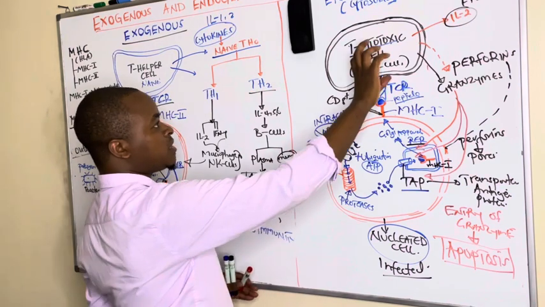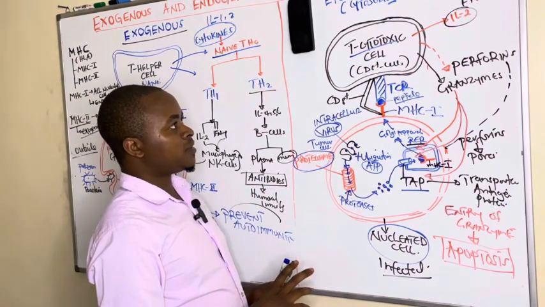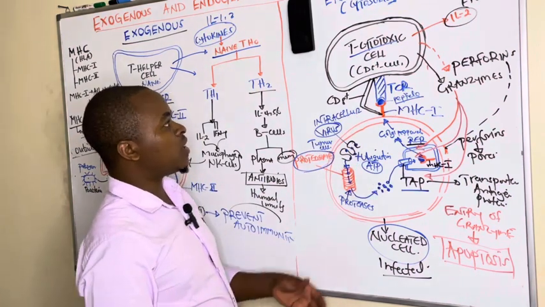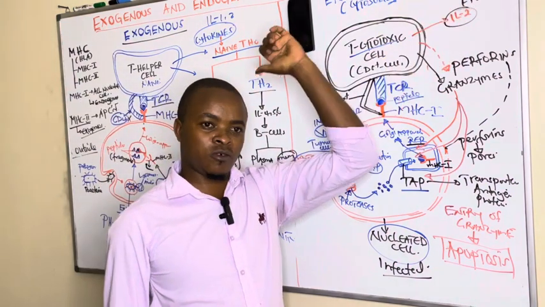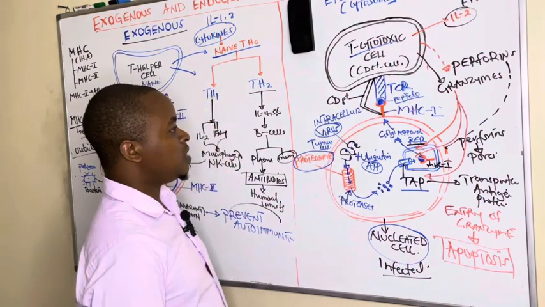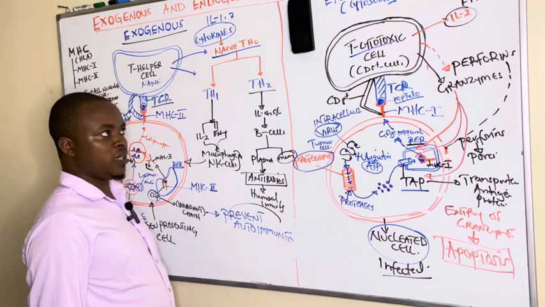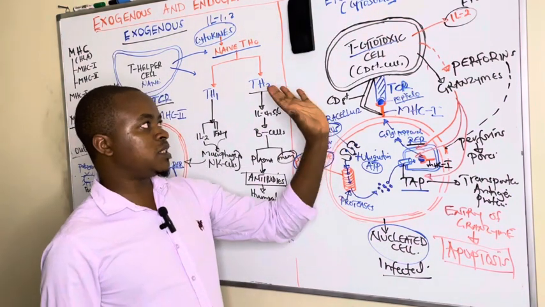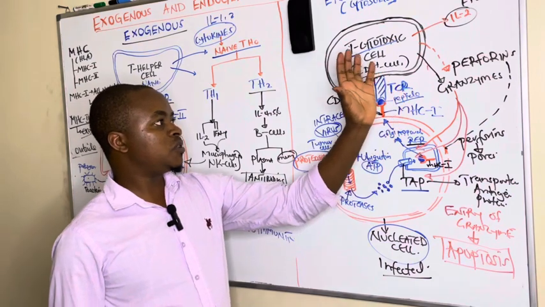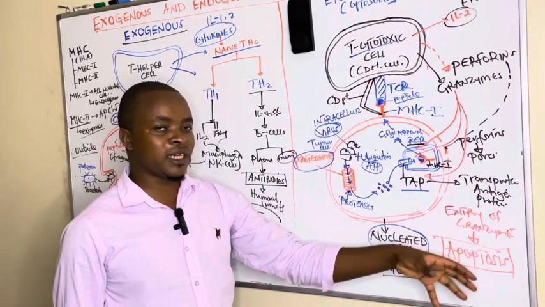This is how T cytotoxic cells act, whereas the cytokines that are produced can also activate B cells in case humoral immunity is required. But here we do not require any humoral immunity, so we see cytotoxic T cells producing perforins and granzymes directly.